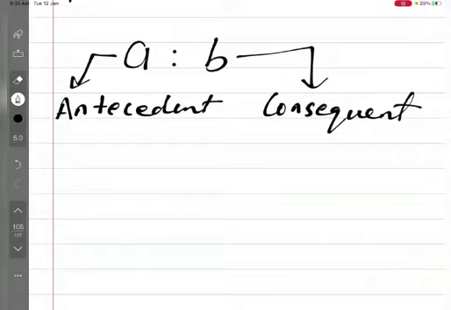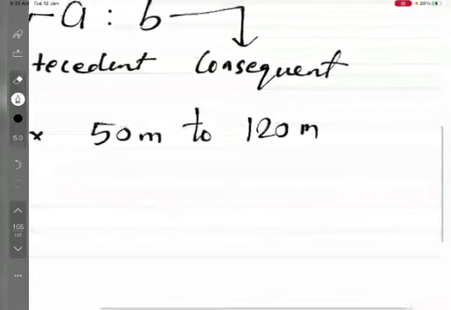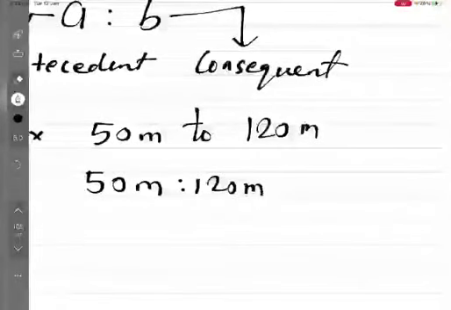Now let's take an example. Find the ratio of 50 meters to 120 meters. We can write this as 50 meters to 120 meters.